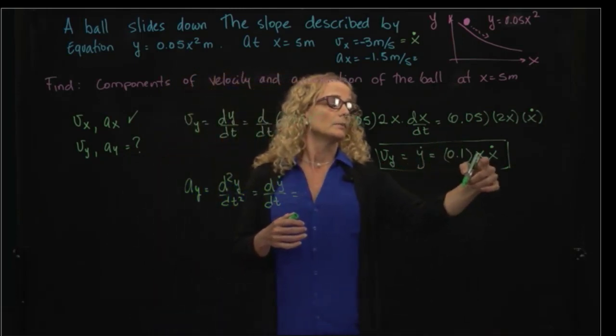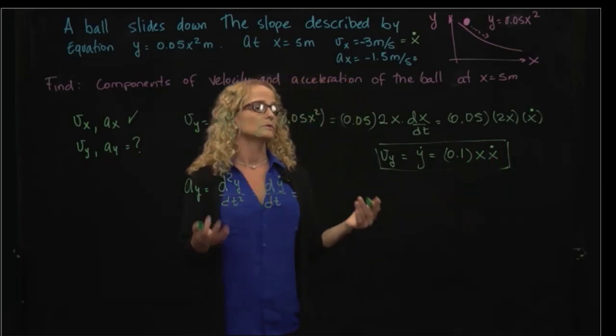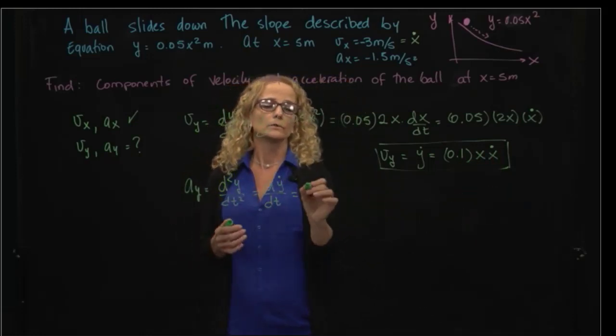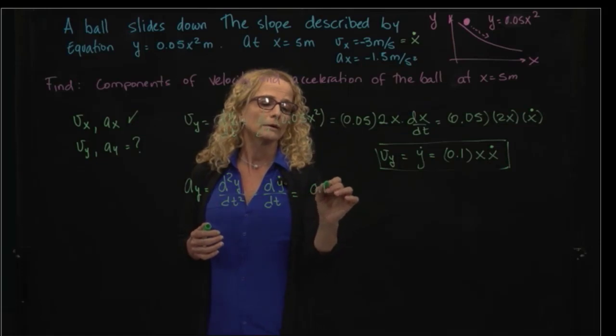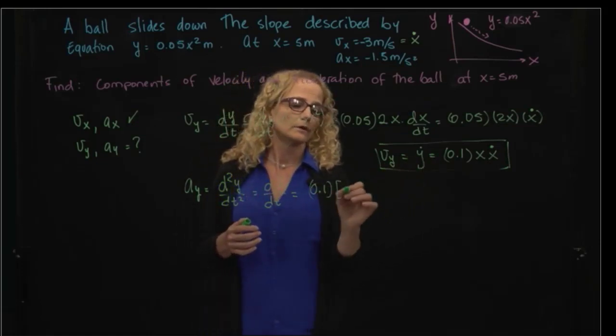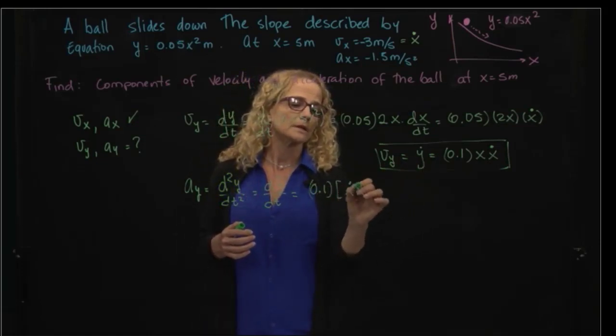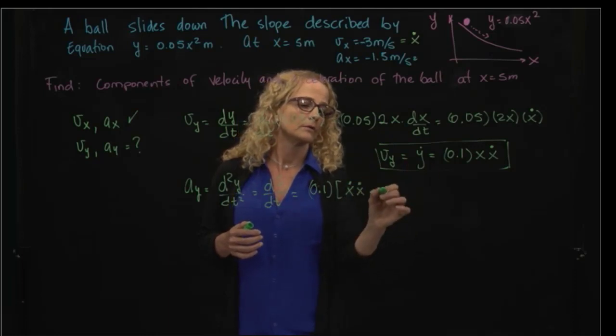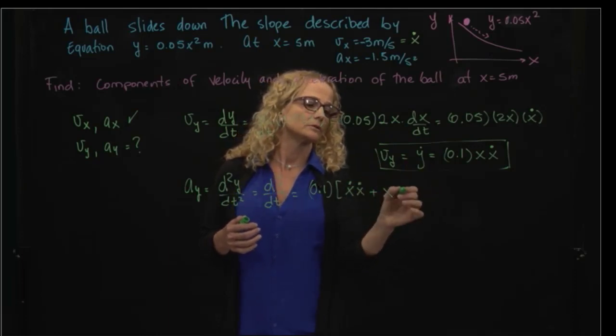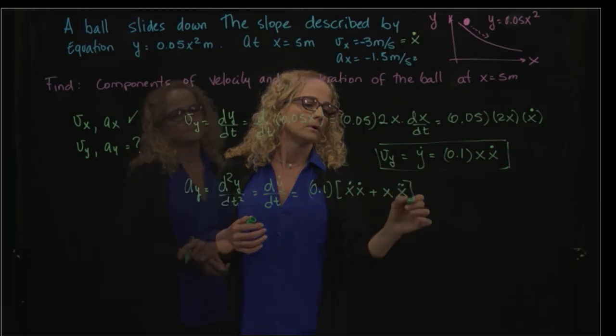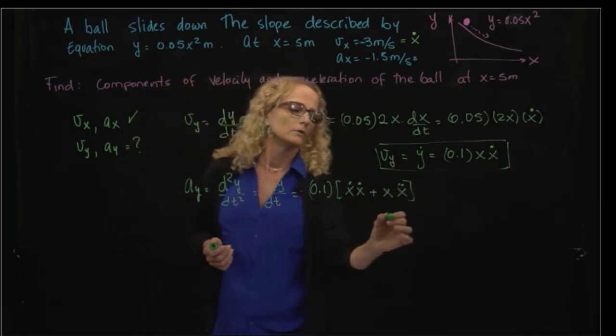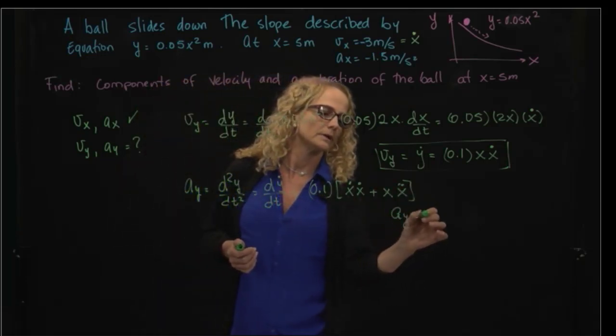And we know here that we have two variables that depend on time, so we have to do 0.1, the derivative of the first term times the second, plus the first times the derivative of the second. So that's the expression for our acceleration.